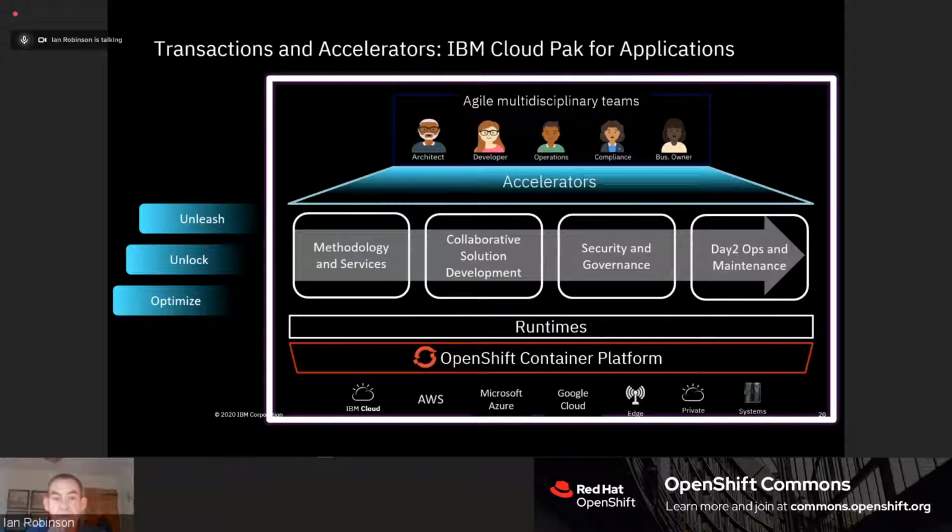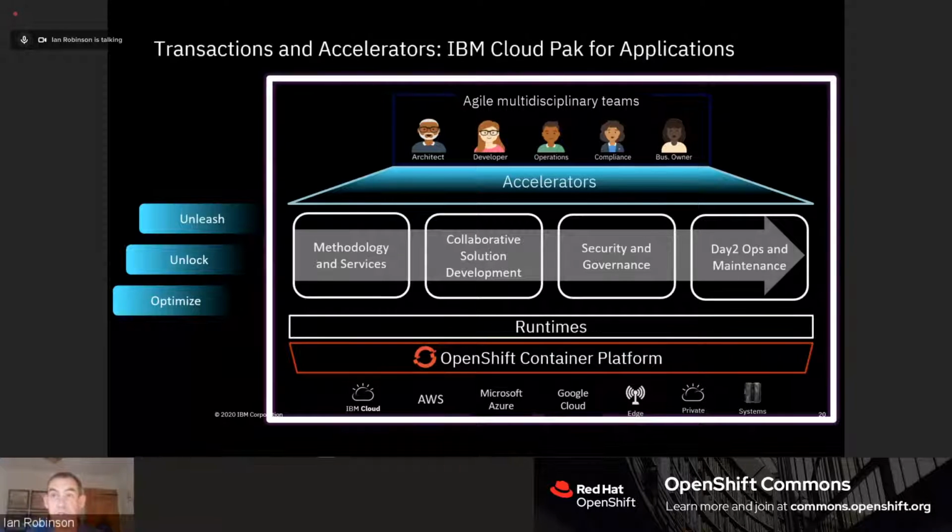So there is a little bit more to it than just developing your applications, and that's where in the IBM Cloud Pak for Applications, as well as providing runtimes that include the LRA capability and an LRA service, we have within the Cloud Pak for Applications a set of accelerators for different types of application pattern.